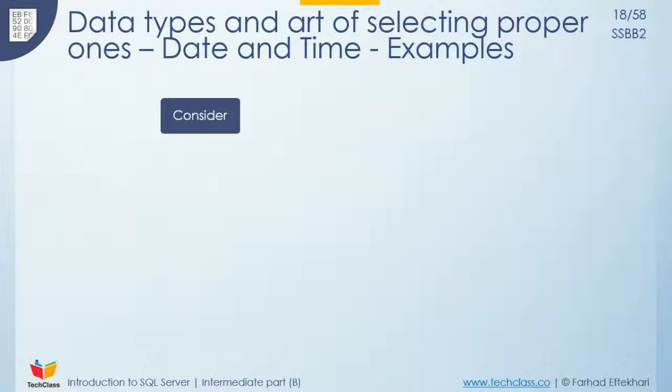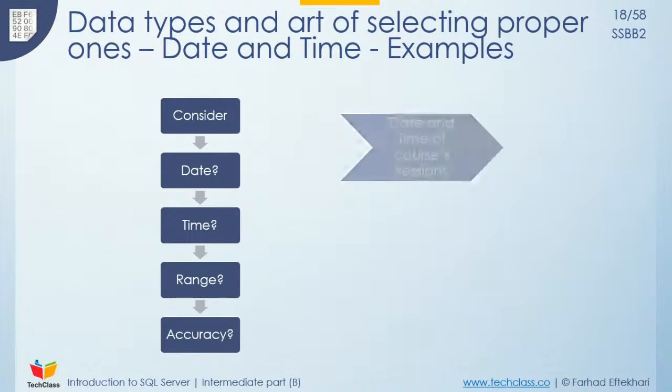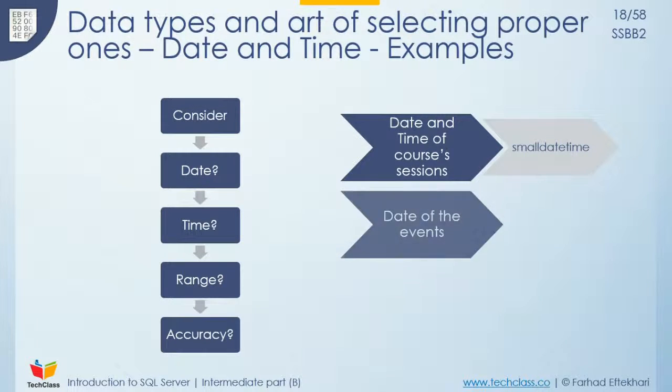And here are some examples for the date and time data types. When you want to select a date and time data type, there are some things to consider. First of all, does it include date, and does it include time? What is the range and the accuracy? By considering them, let's see some examples. The date and time of a course's sessions: smalldatetime would be sufficient for us.